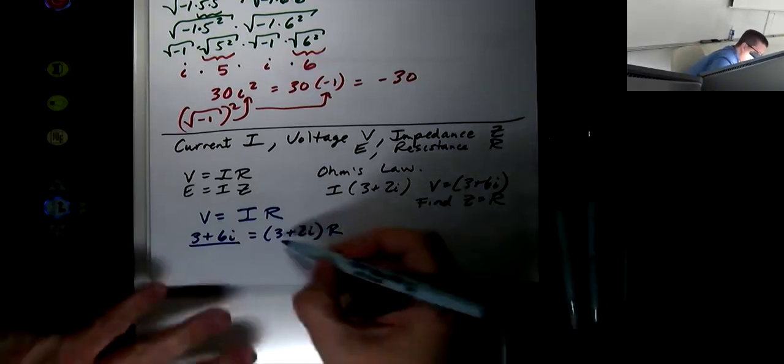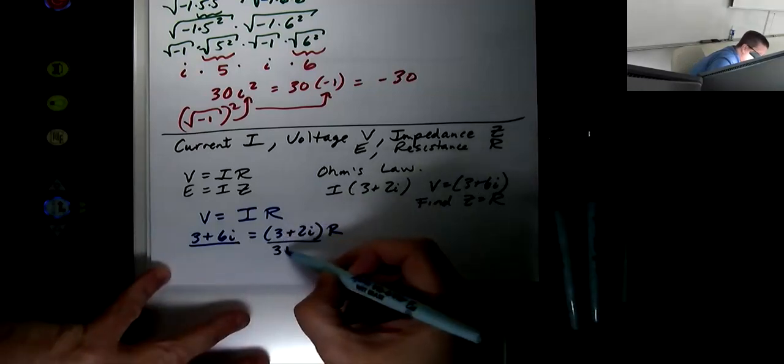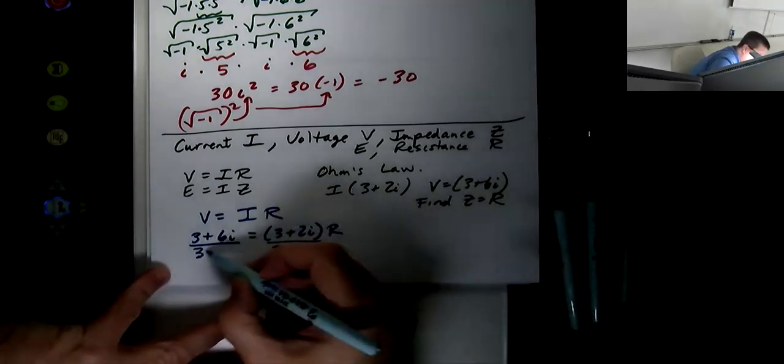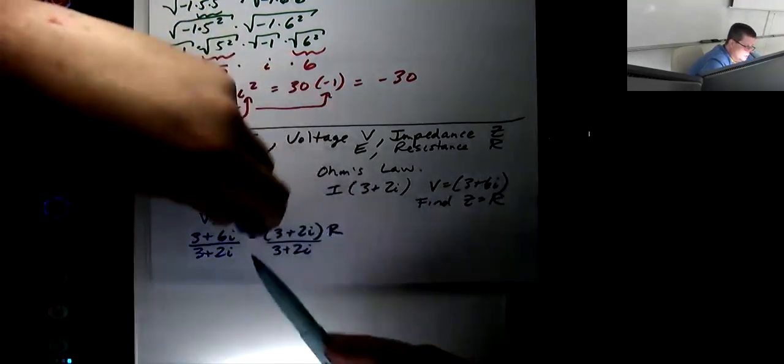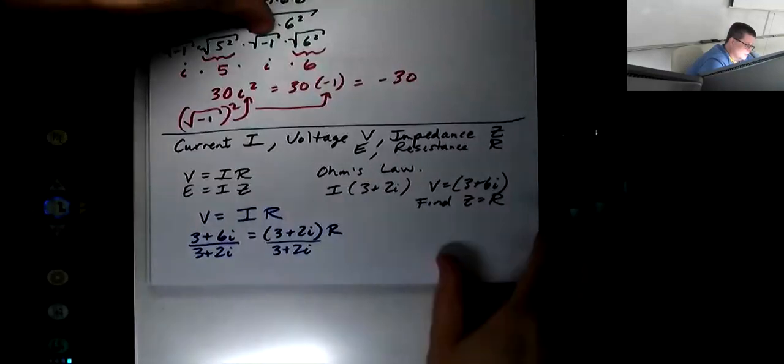So we actually have to divide by the 3 plus 2i to get R by itself. We're going to do the work for that on another page, because they want us to simplify it.